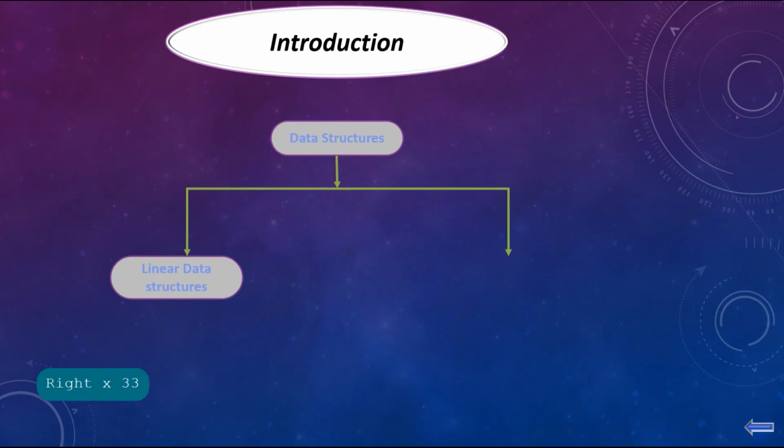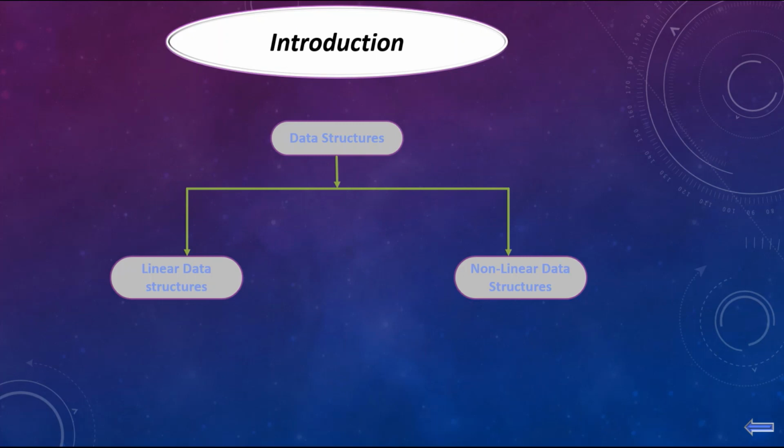Now data structures are classified into two different types: linear data structures and non-linear data structures. Linear data structures are data structures in which the data is arranged in a sequential or linear manner. When the data is stored or arranged in a sequential or linear manner, we say the data structure is a linear data structure.